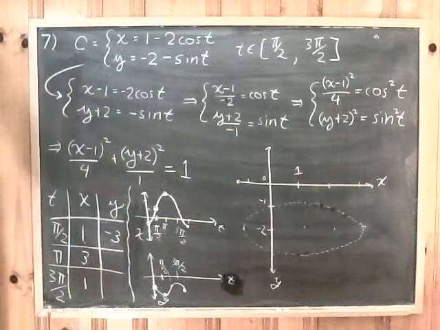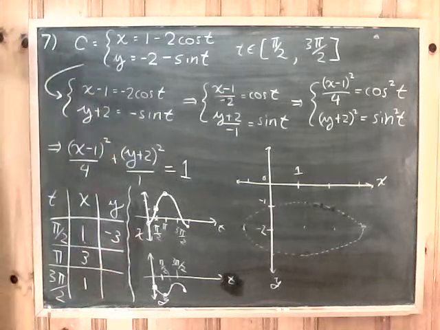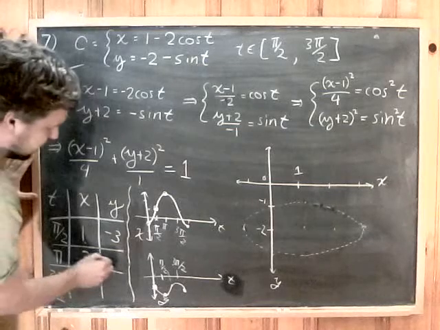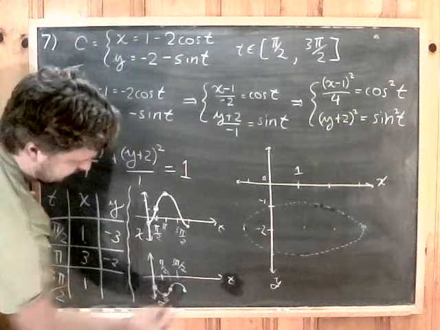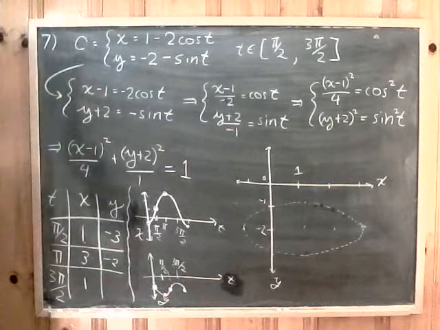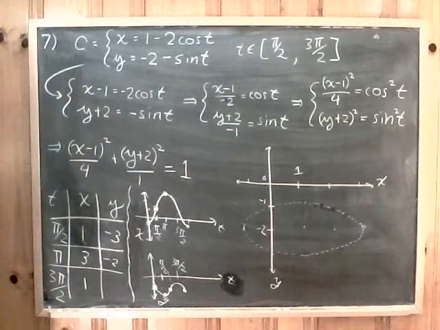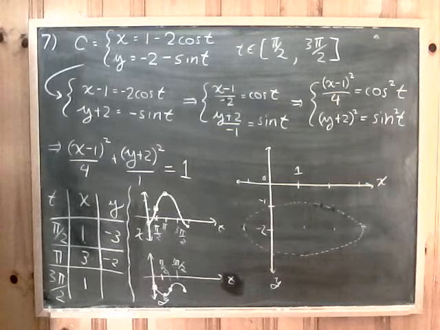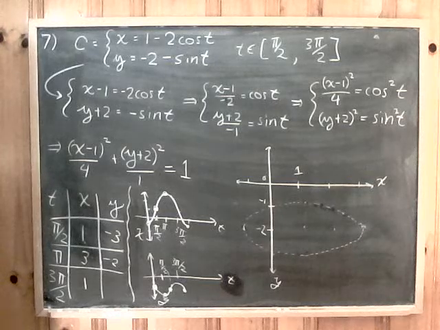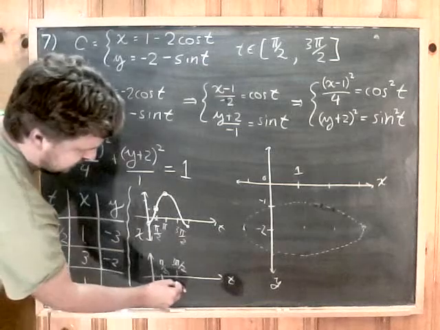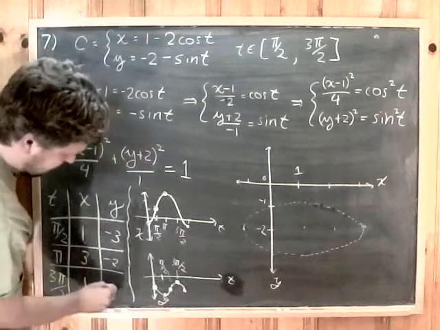When I plug in pi, sine gives me a 0, so I have -2. Yeah, that's in that middle right there. And when I plug in 3 pi over 2, sine usually gives me a -1. That's when it's below the axis. And so I have -2 plus 1. So I get -1. Yeah, that's where that's supposed to be.